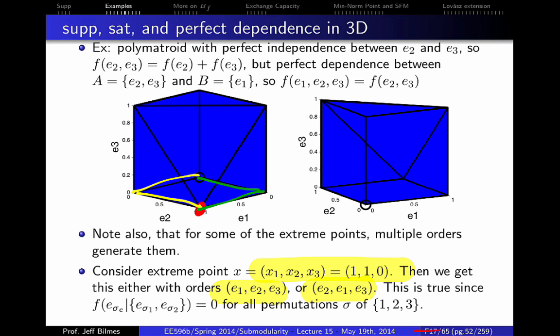So that basically means that you don't move in that direction. There's a concept called the curvature of the submodular function. And these gains of 0 are one of the things that actually makes submodular function minimization more combinatorially difficult. Whenever the gains are strictly positive, then each extreme point is going to be uniquely generated, I should say, by a unique ordering of the elements. That's really what I want to say.